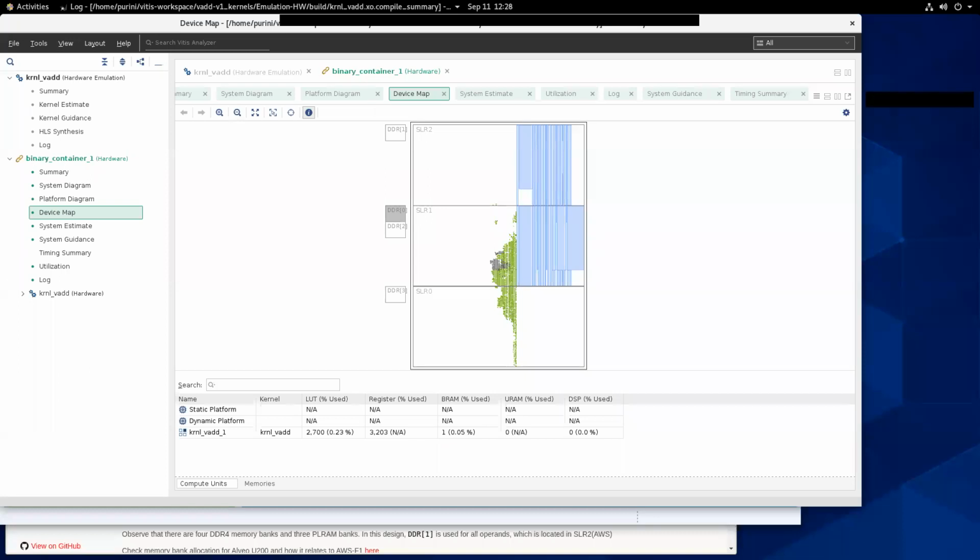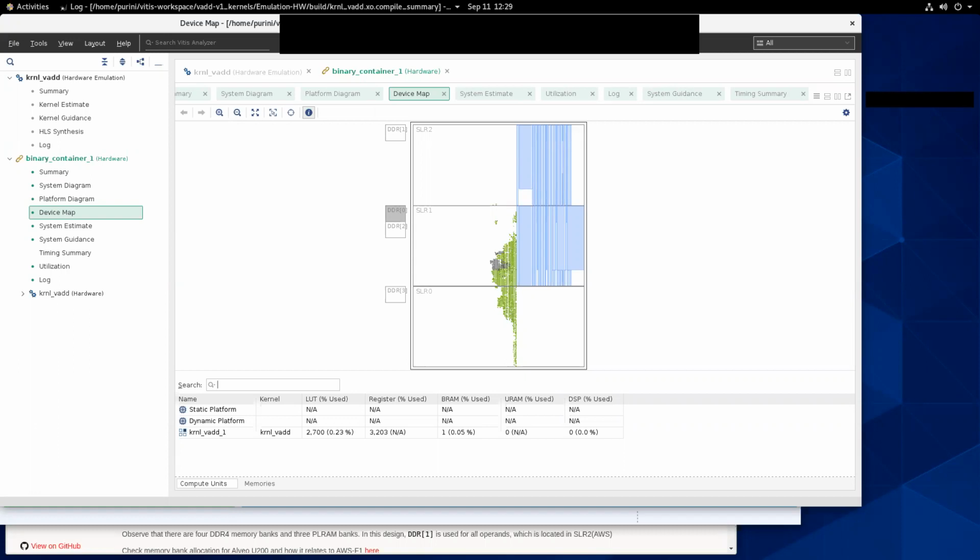Usually when we try to synthesize a design, we would like it to be confined to one of the SLRs, ideally. Yes, that's right. Normally, if you had a design small enough to fit into an SLR, you would not go for an SSIT device.